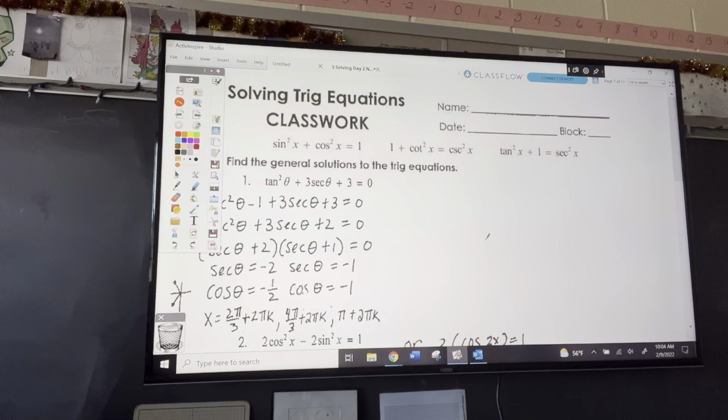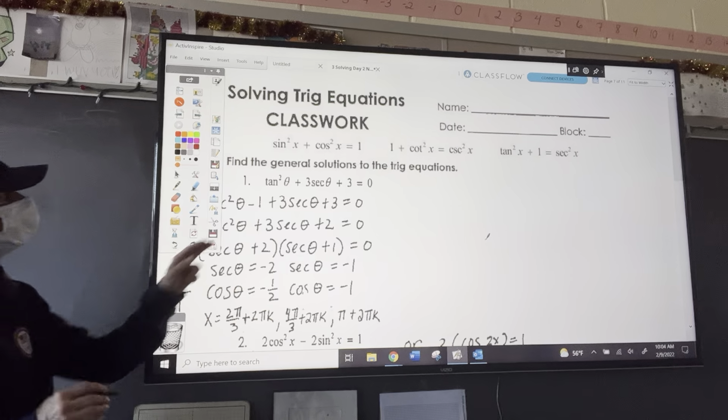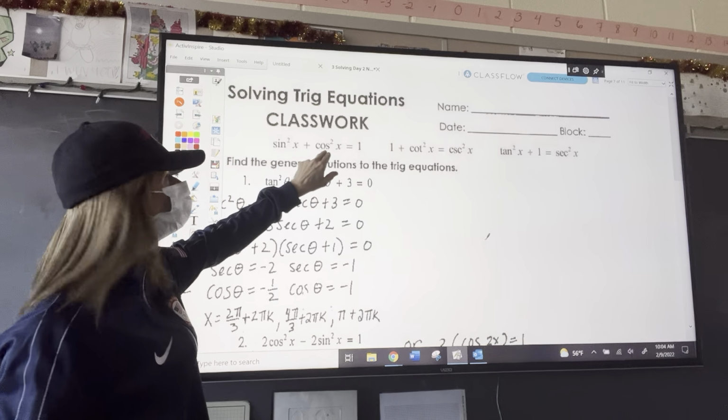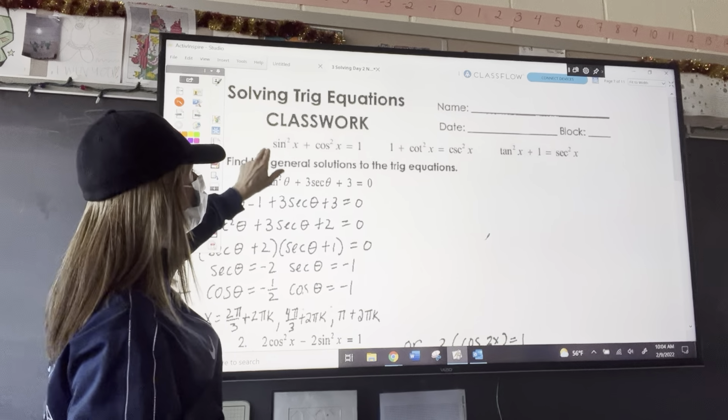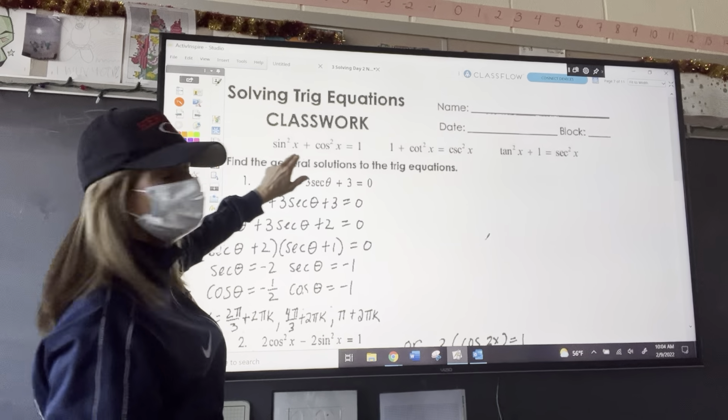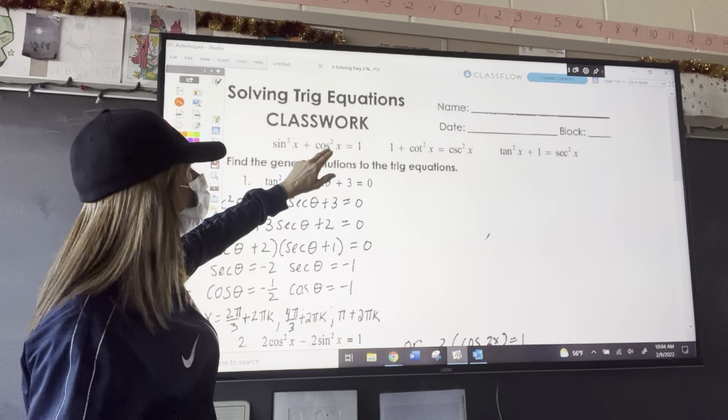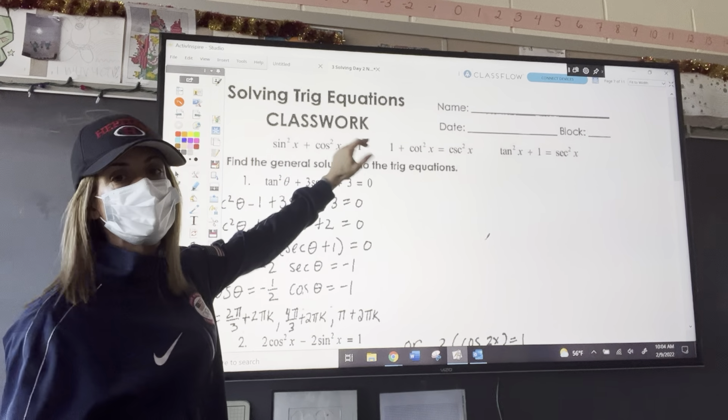I'm going to substitute in for cosine squared 1 minus sine squared, because sine squared plus cosine squared equals 1. Here's the formula. So I'm just going to choose to substitute in 1 minus sine squared for cosine squared.